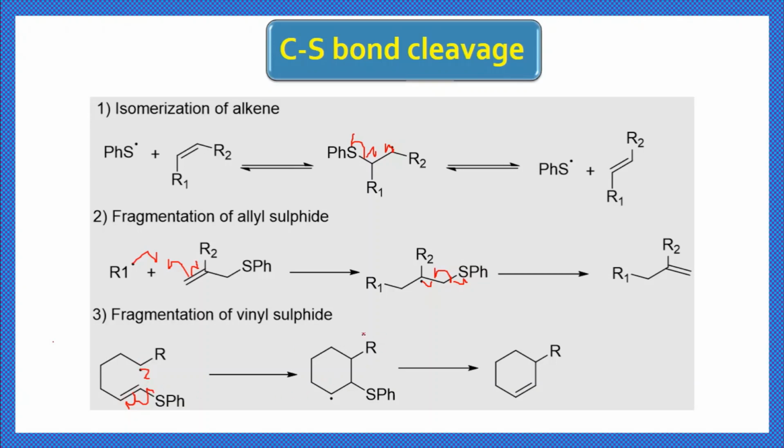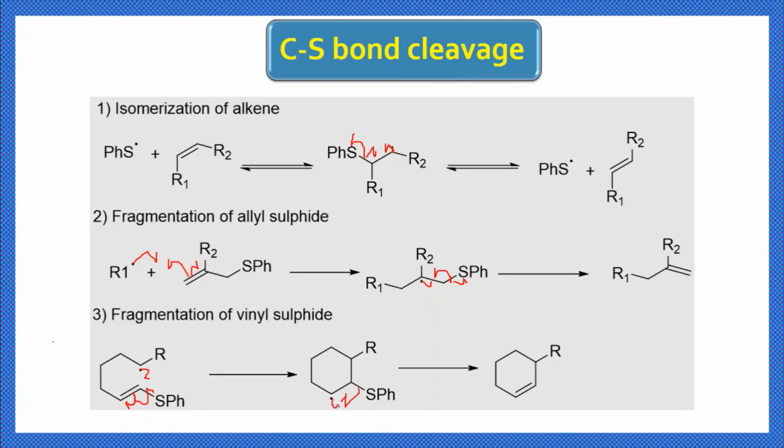So the formation of a six-membered ring takes place, and it generates this CH2 radical. Then the next step is the breaking of this SPh. The fragmentation of vinyl sulfide takes place in this way.